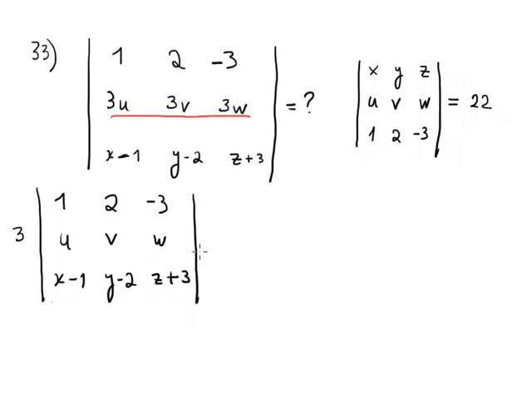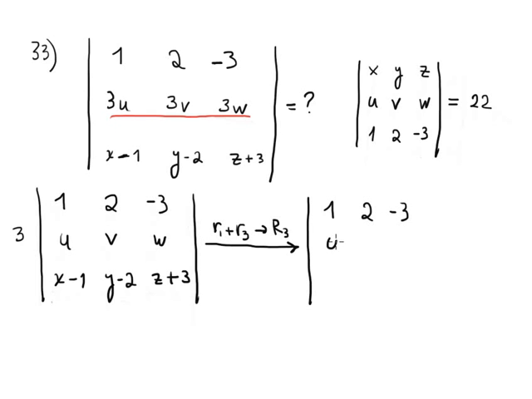Okay, now after that I apply a row operation. For example, row 1 plus row 3 stored in the new row 3. And remember, when you apply a row operation, the value of the determinant stays the same, it doesn't change.